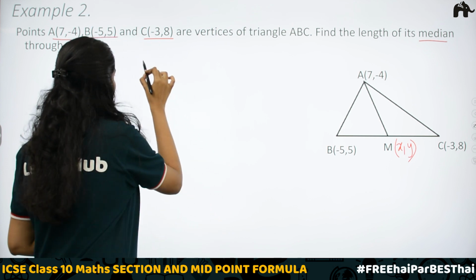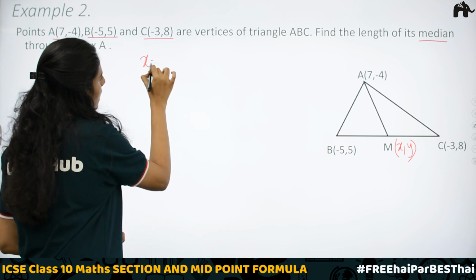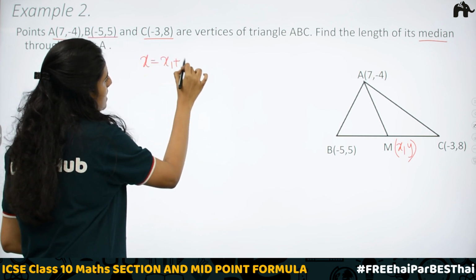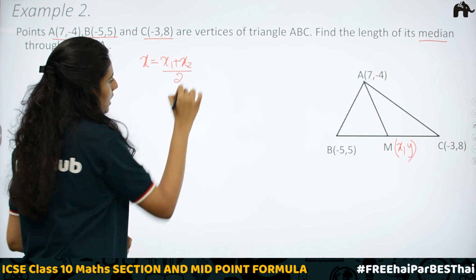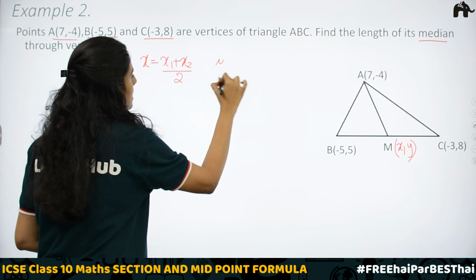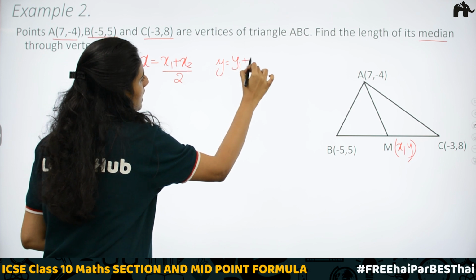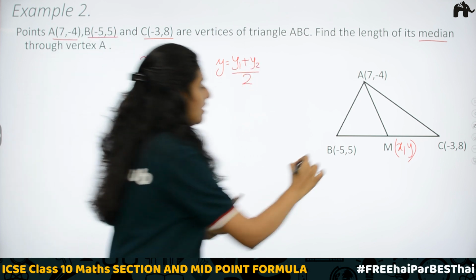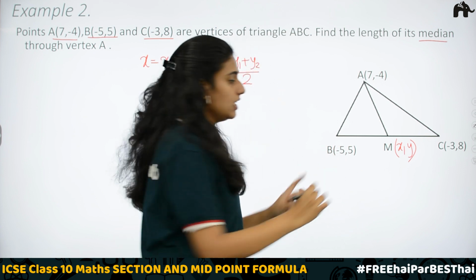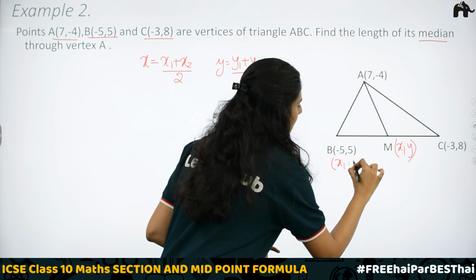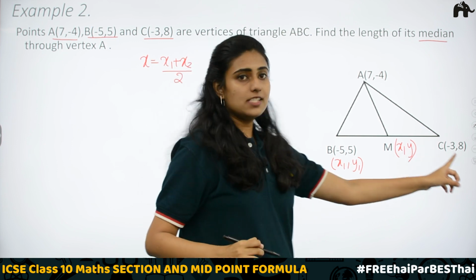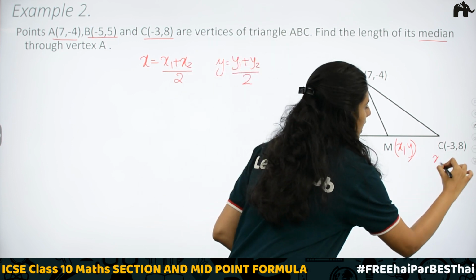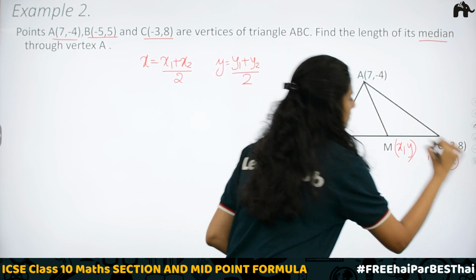Okay, what is the midpoint formula? x will be equal to x1 plus x2 divided by 2 and y is equal to y1 plus y2 divided by 2. Here, point B is the first point. The coordinates are x1, y1 and C coordinates are taken as x2, y2.